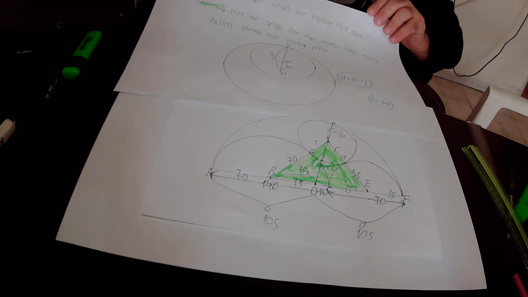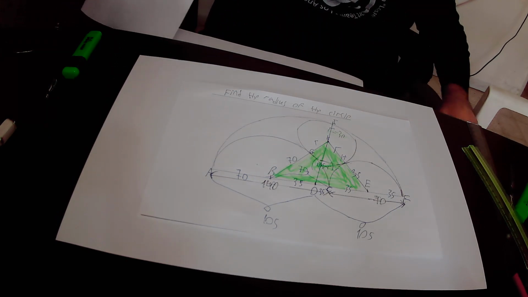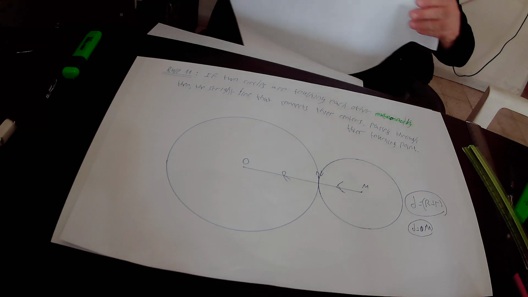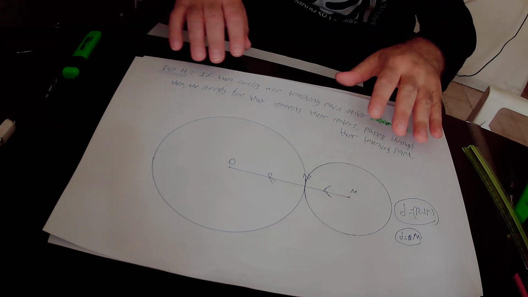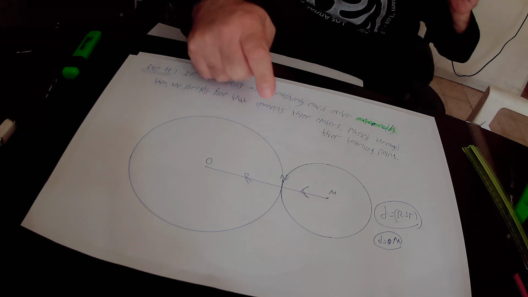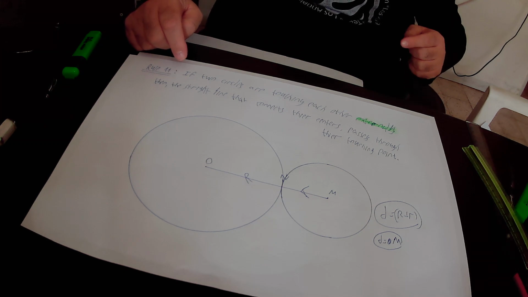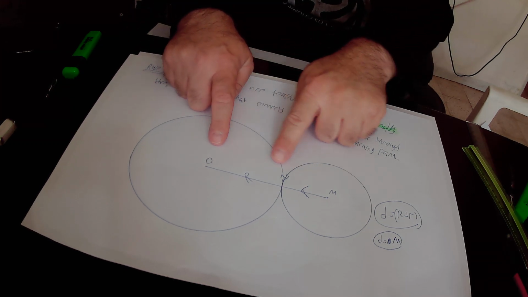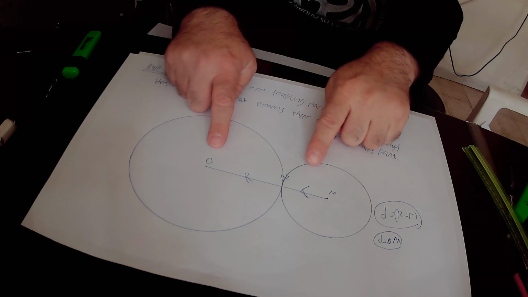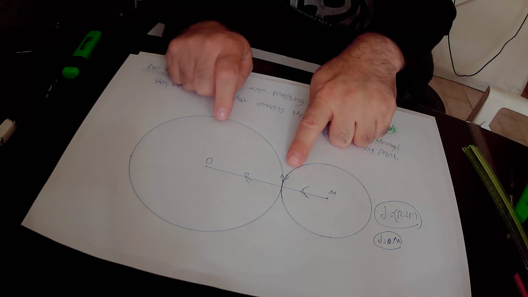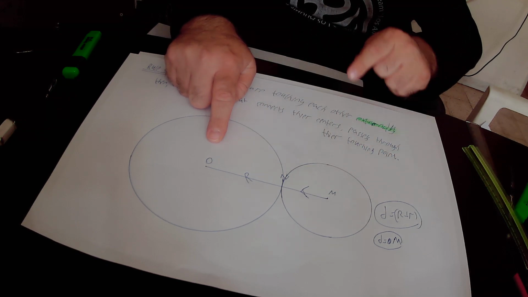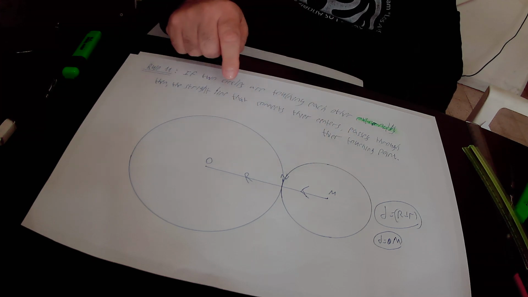Likewise, if we have two circles that are touching each other externally, like in this drawing, those two circles are touching each other at point N externally. Then the straight line that connects their centers together, that is to say the straight line OM, must pass through their touching point, that is point N. In other words, O, N and M is one straight line.